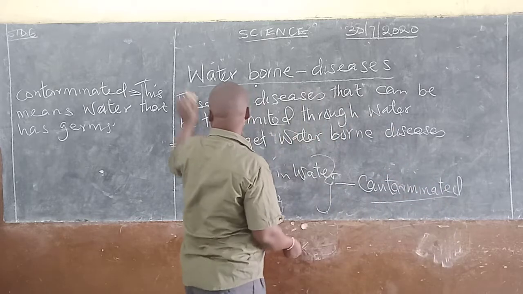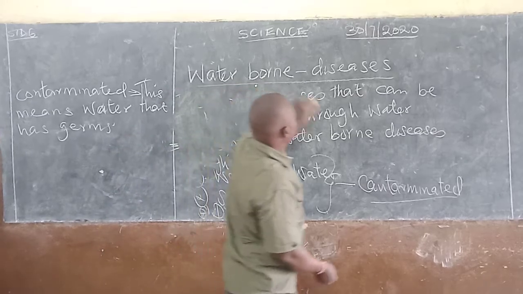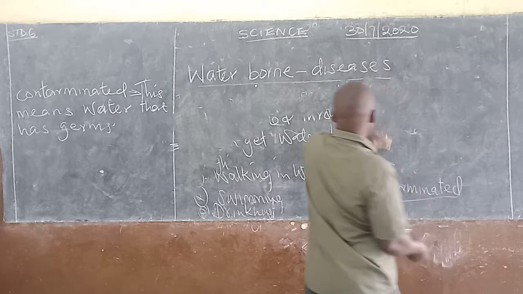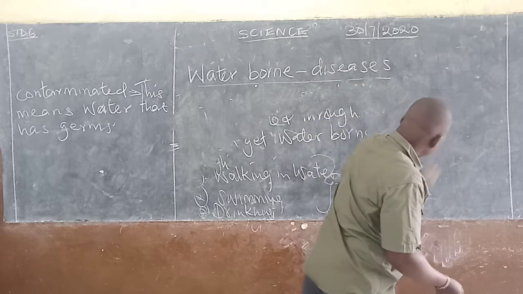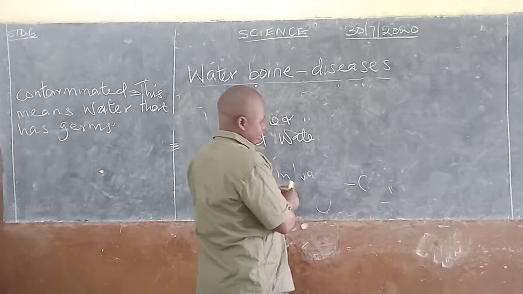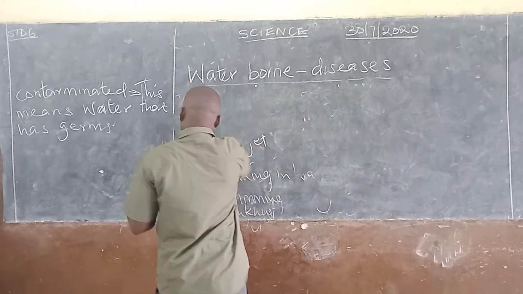We have types of diseases found in water. Now let us see these types of diseases found in water. One, we have cholera. I believe you did it with Mr. Albanas.